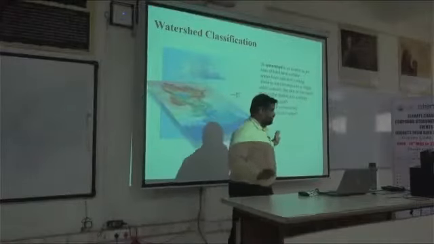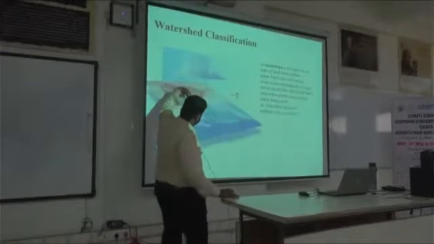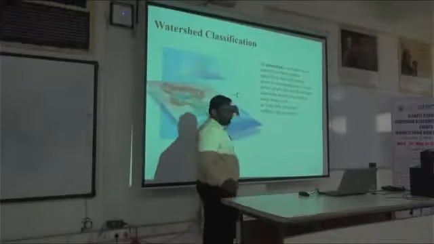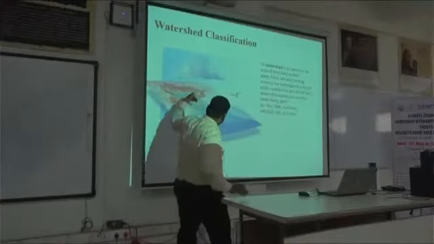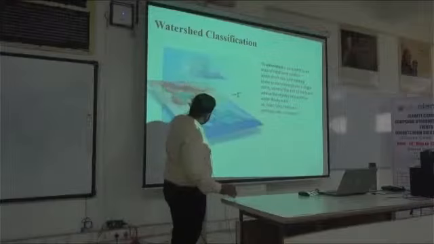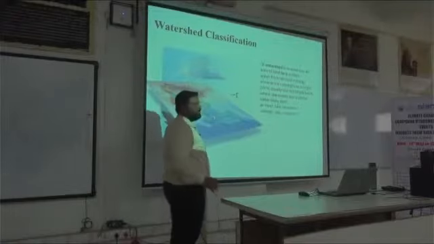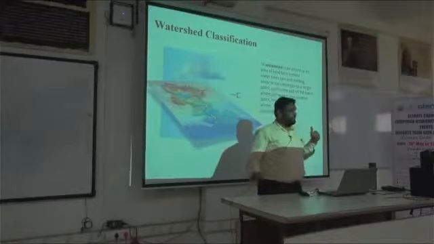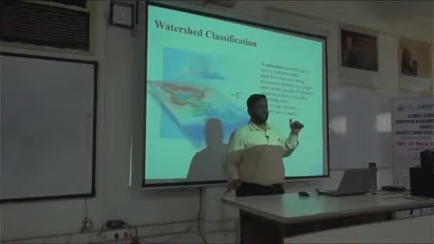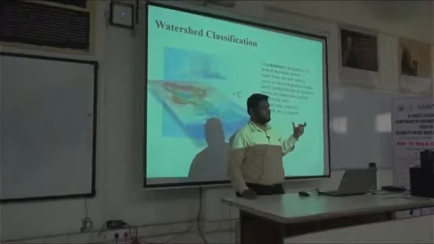Whatever rainfall occurs in this area would go in two different directions. Some part of the rainfall will take flow in this area, and some part will go to the adjacent area. So every catchment has adjacent boundaries also. The ridge line is the dividing line of the catchments, the water divide line we can say.